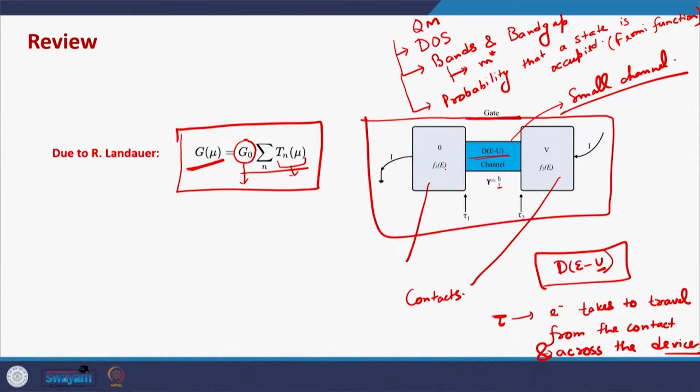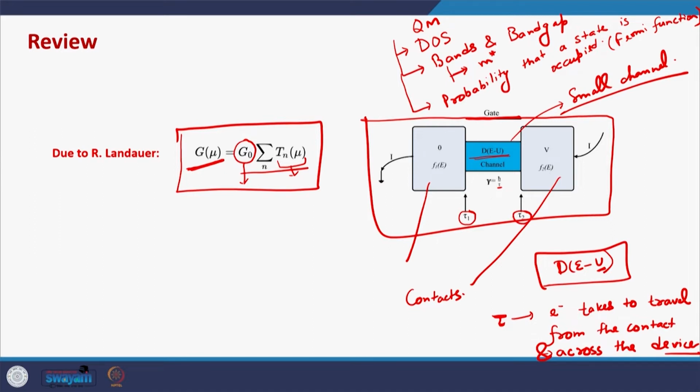Okay. So, finally we have very simple parameters, I would say: the Fermi functions of the contacts, the density of states of the channel, and the characteristic time of the contact and the channel. So, if the contacts are different, these characteristic times are different, tau 1 corresponding to contact 1 or the source contact, tau 2 corresponding to contact 2 or the drain contact.